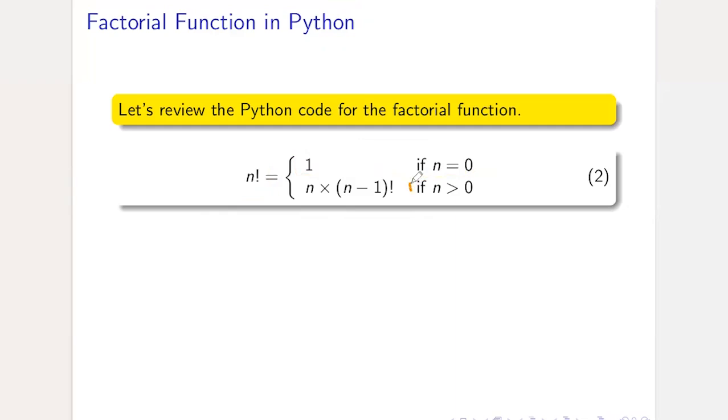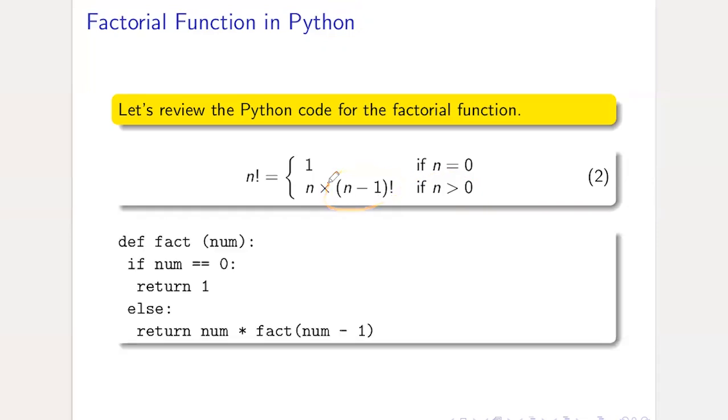And for any other case where n is greater than 0, you can compute the factorial by multiplying n with the factorial of the number less than 1. So this is the factorial of n minus 1.